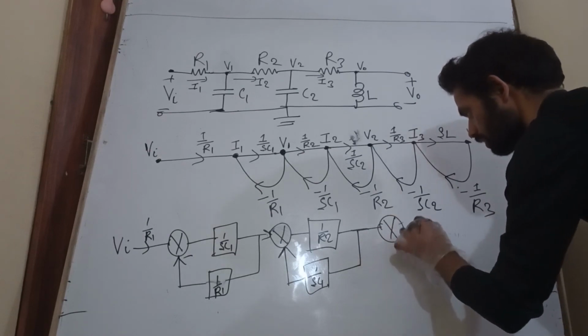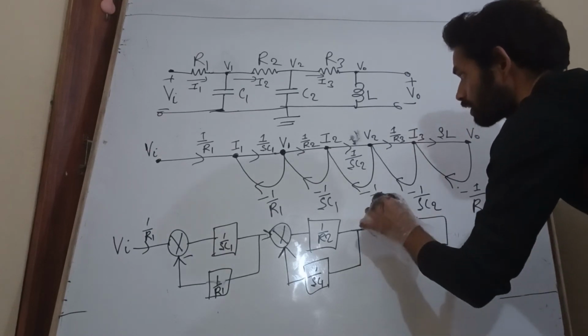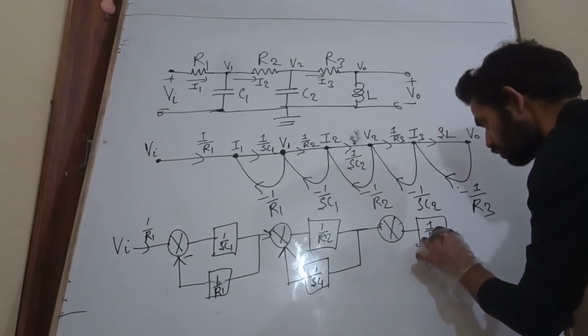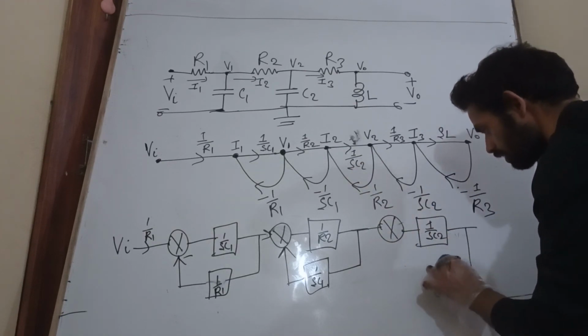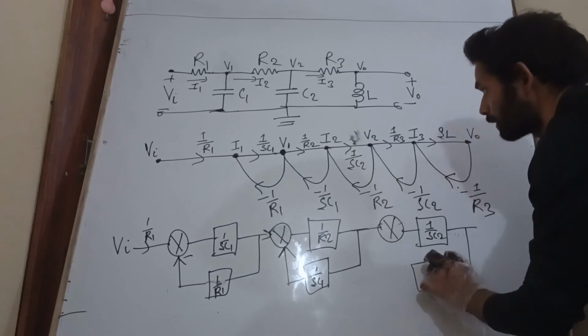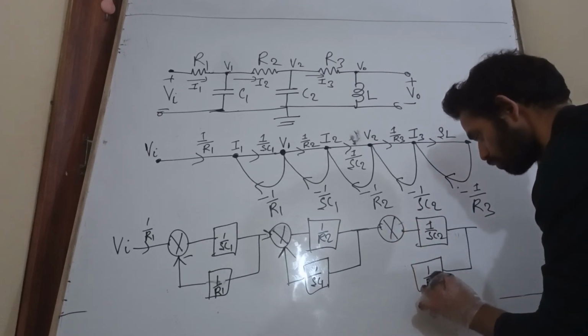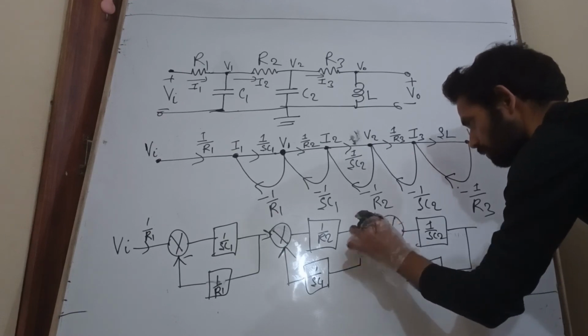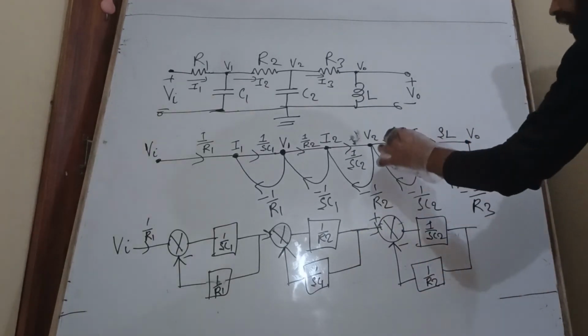Next, again the gain of 1 by SC2, and this negative feedback is 1 by R2.